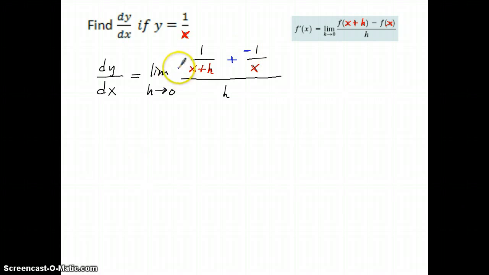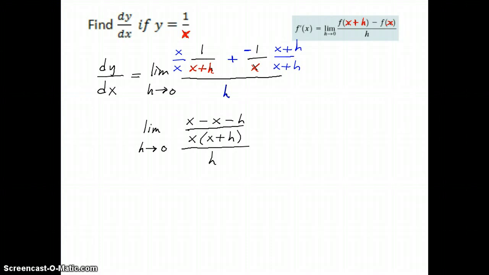So I ask myself, what is the left side missing that the right side has? Missing an x. What is the right side missing that the left side has? An x plus h. And so I'm going to deal with everything above our h here, and I'll pause it and see what happens.